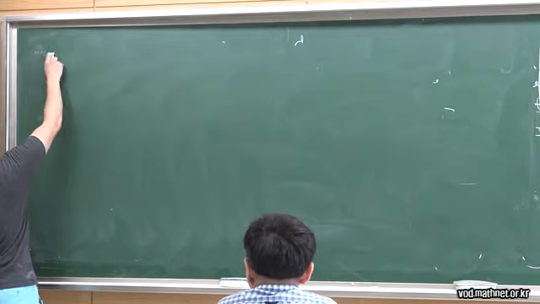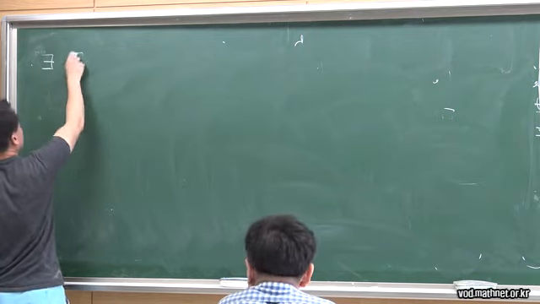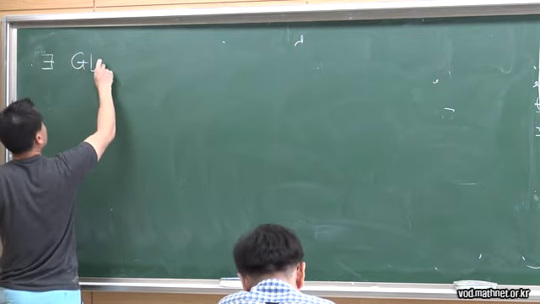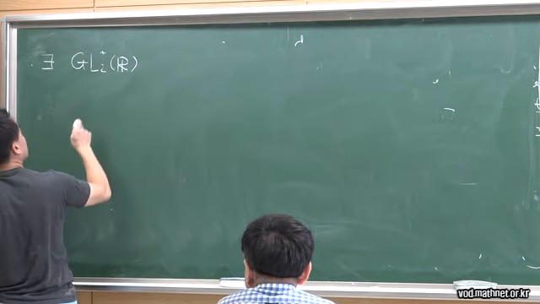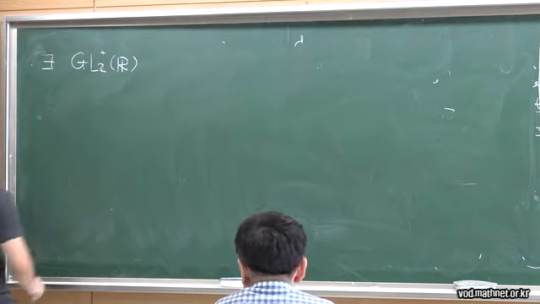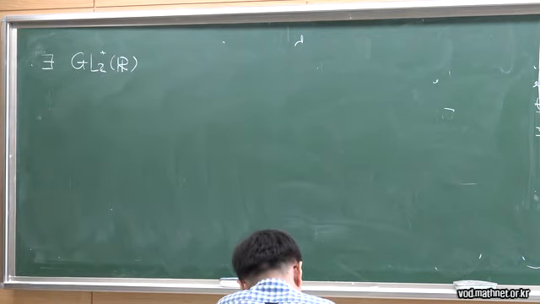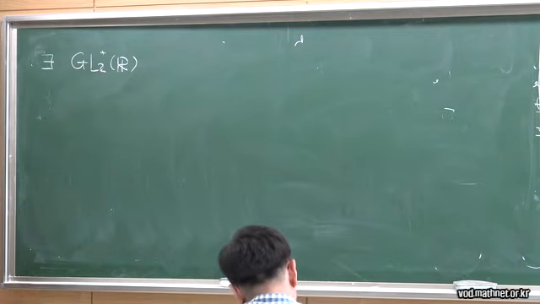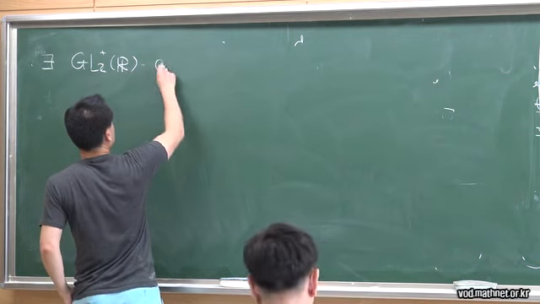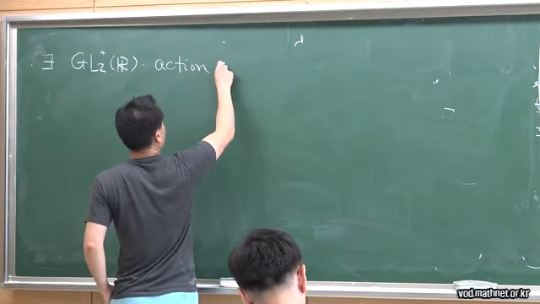So there exists a very special GL(2,R) action, the group of 2x2 non-singular positive determinant real matrices, on the space H mu.